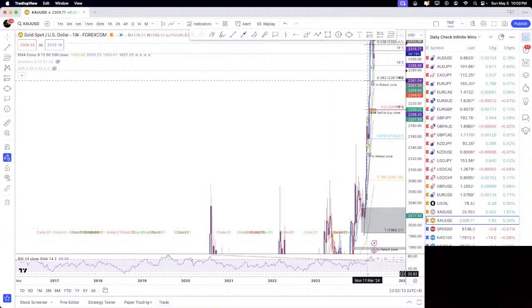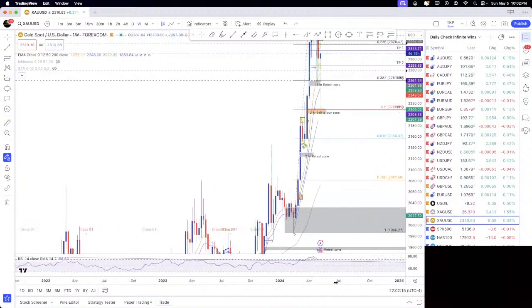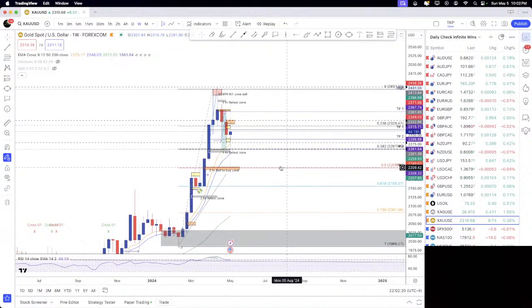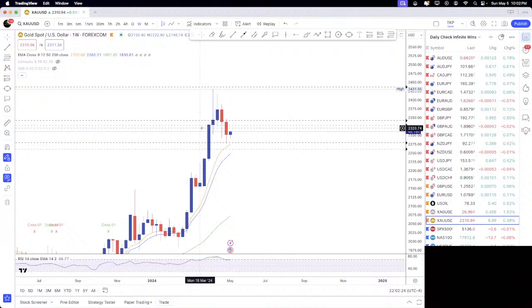So with the weekly, if I come on the weekly chart, what I want to see is, okay, I see a massive uptrend. Of course, we're looking for a pullback. We're in a pullback right now. Where will this pullback reverse? That's what I want to see.